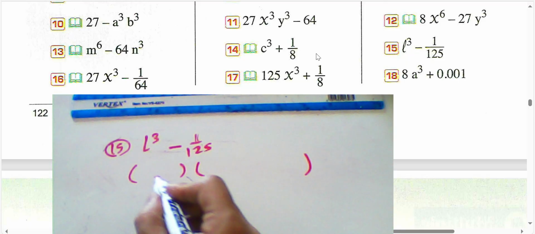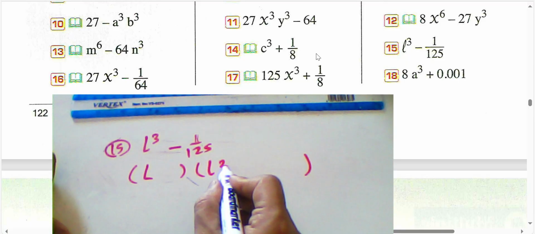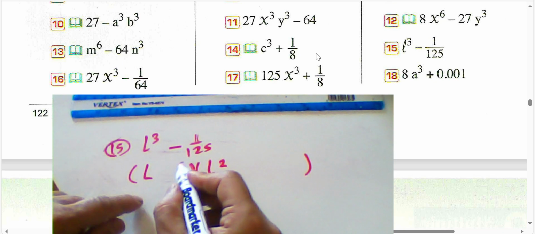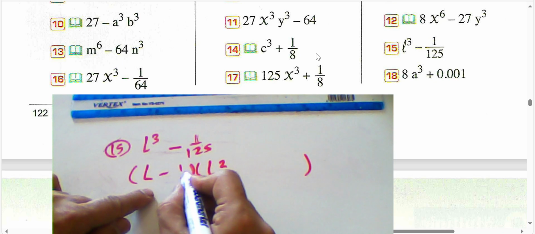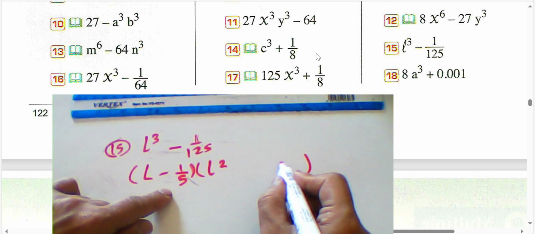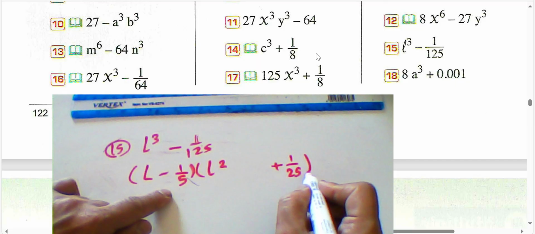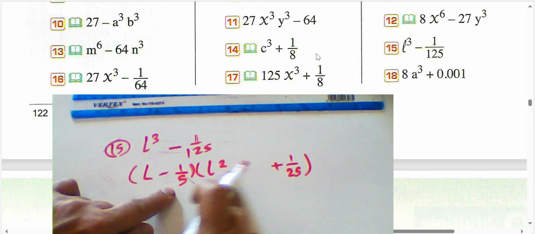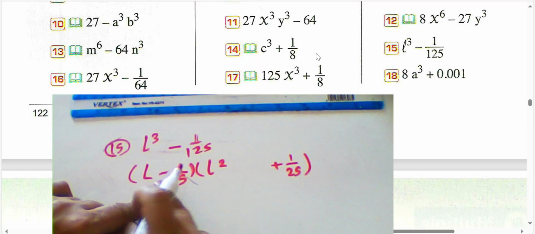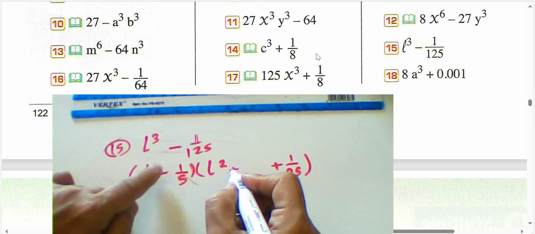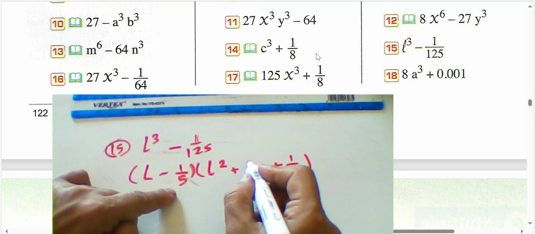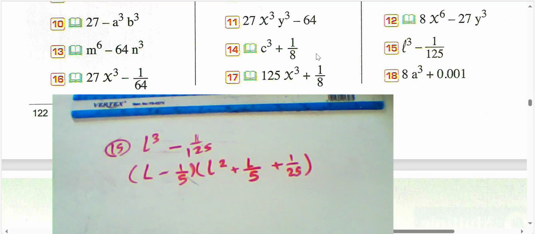Cubic root of the first will be L, and L power 2 will be L power 2. Negative cubic root of this number will be 1 over 5. 1 over 5 power 2 will be 1 over 25. And the middle, first times second, change the sign, here will be positive, and L times 1 over 5 will be L over 5.